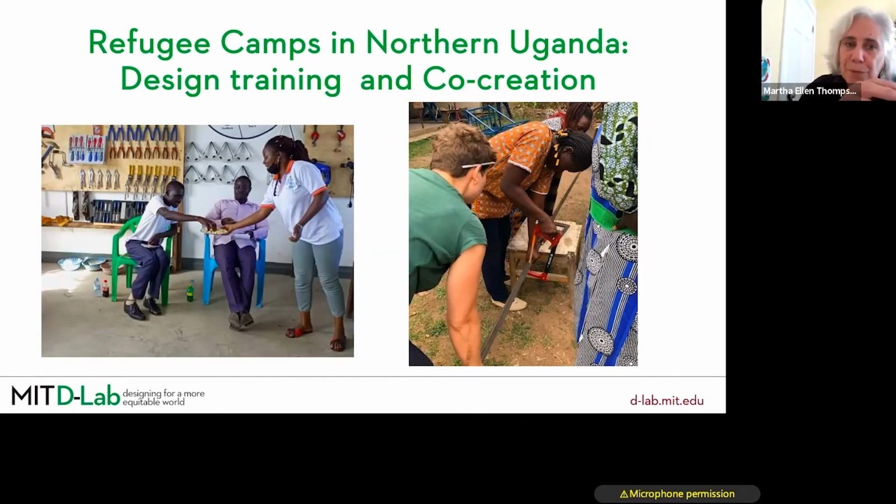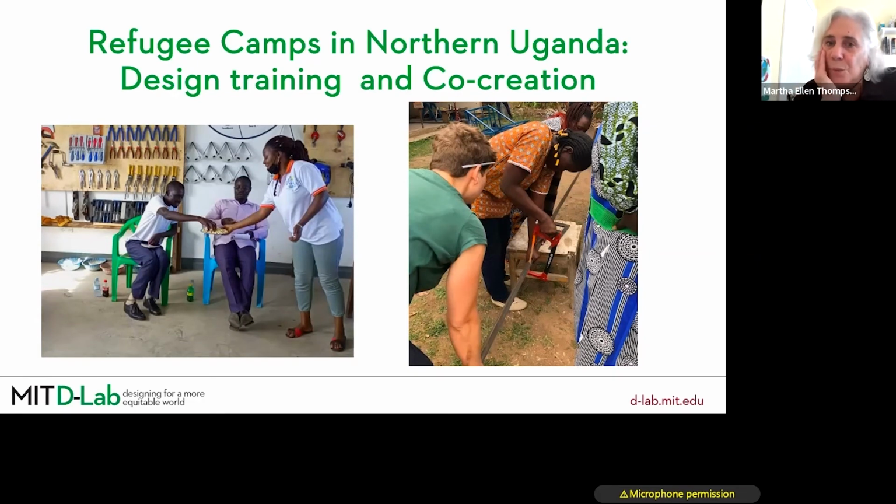There's a group of trainers in each center that runs design trainings, and the participants from the design trainings go to the innovation center to refine their different prototypes.